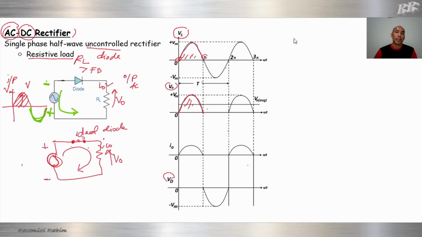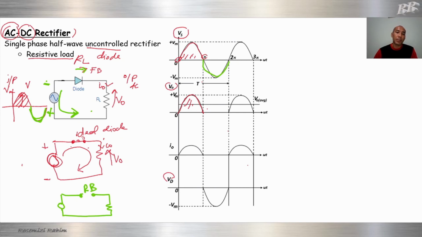Look here at the diode. What happens to the diode? This diode will become reverse biased. When the diode is reverse biased, there will be an open circuit here.